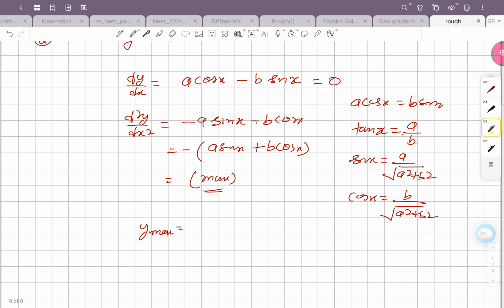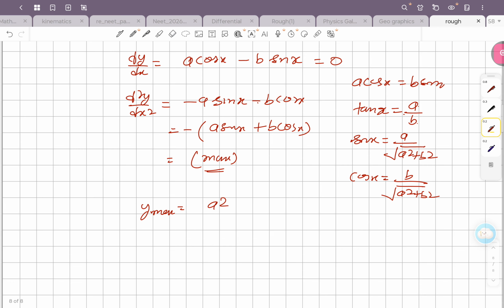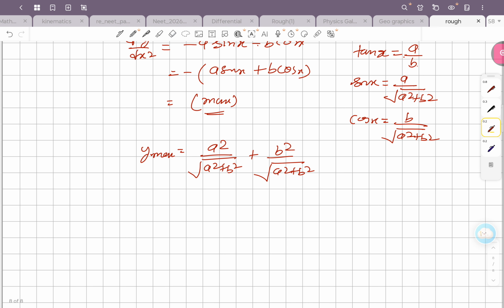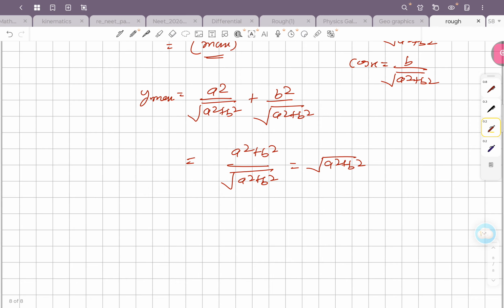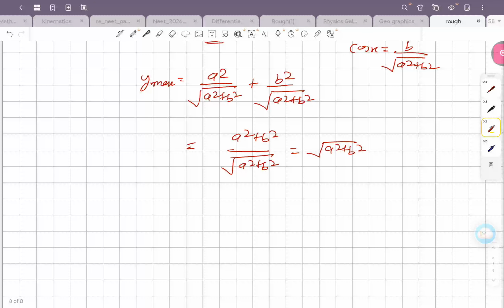If you put the sin x value, so that is a square divided by root a square plus b square, plus b square by root a square plus b square. It means we can write this as a square plus b square divided by root a square plus b square, that is equal to root a square plus b square. This is the y maximum value of this type of function.